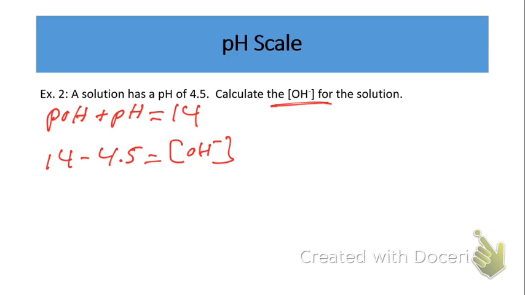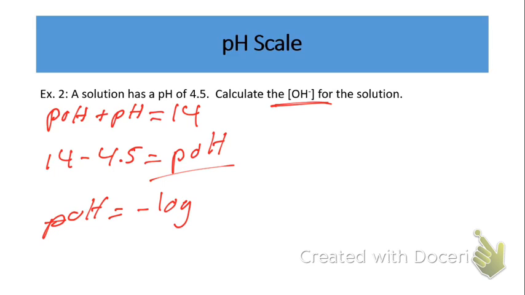not the hydroxide concentration, sorry, the pOH. And then once we know the pOH, pOH is equal to the negative log of the hydroxide concentration.